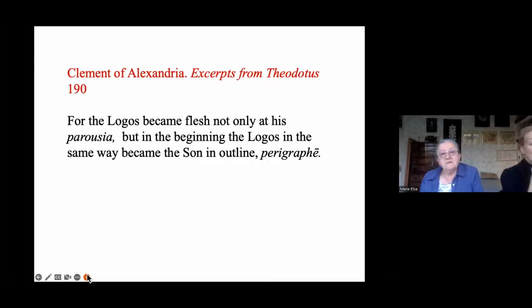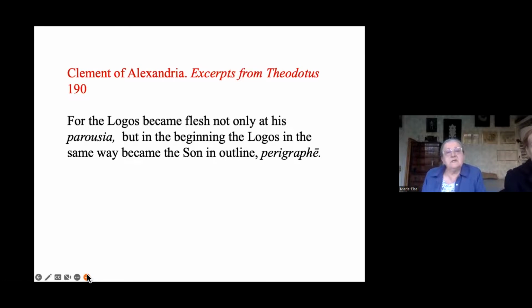So in the beginning was the Word, and the Word was with God. That is describing the Son in outline before the Son emerges through the veil and becomes flesh and takes on the material and solid form. So there is this process of emerging, if you like.